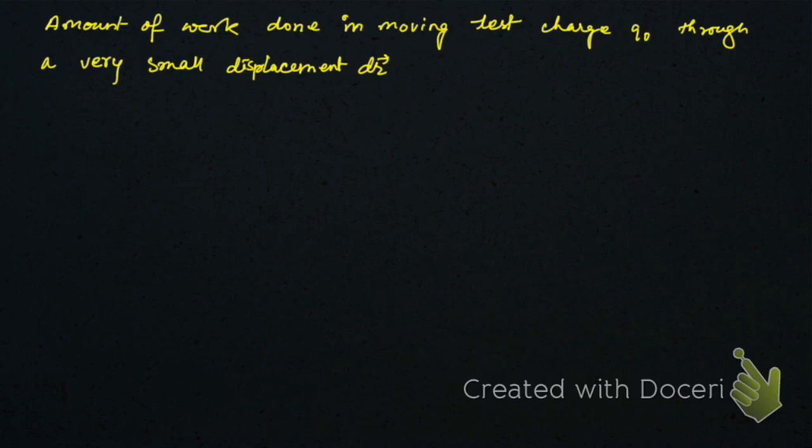So now the amount of work done in moving the test charge Q naught through the very small displacement dr is dW is equal to F dot displacement dr, right? And this electrostatic force F is in the opposite direction, and the displacement is in this direction, right? So the angle between them is 180, right?